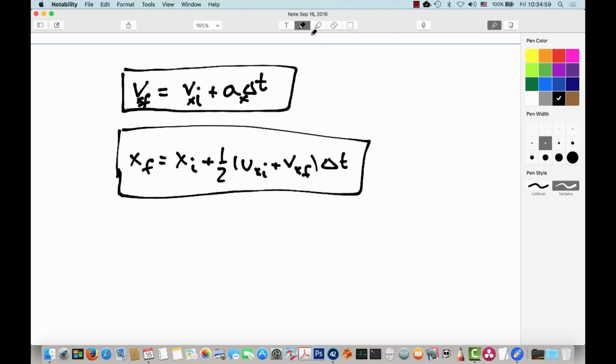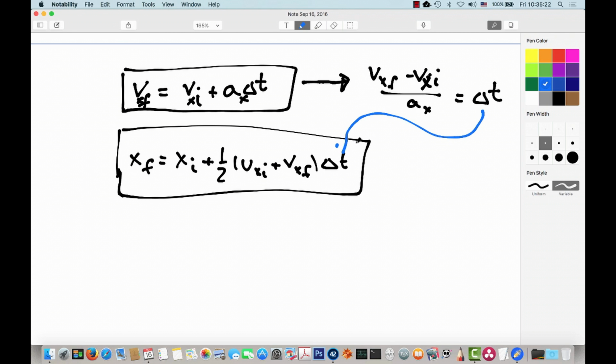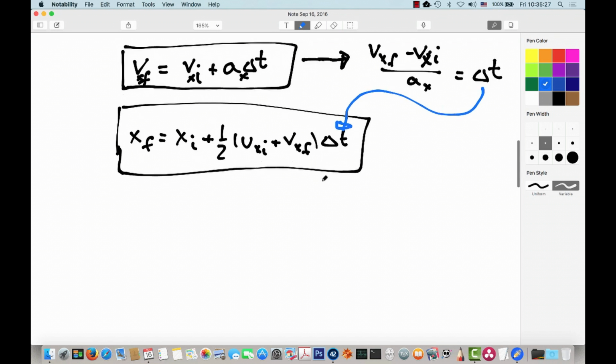So now I'm going to take this first guy here, and I'm going to solve him for delta t. So we'll subtract Vx initial from both sides. Then we'll divide by Ax, and we're left with delta t. And then I'm going to take my value of delta t there and substitute it in over here and see what we get.